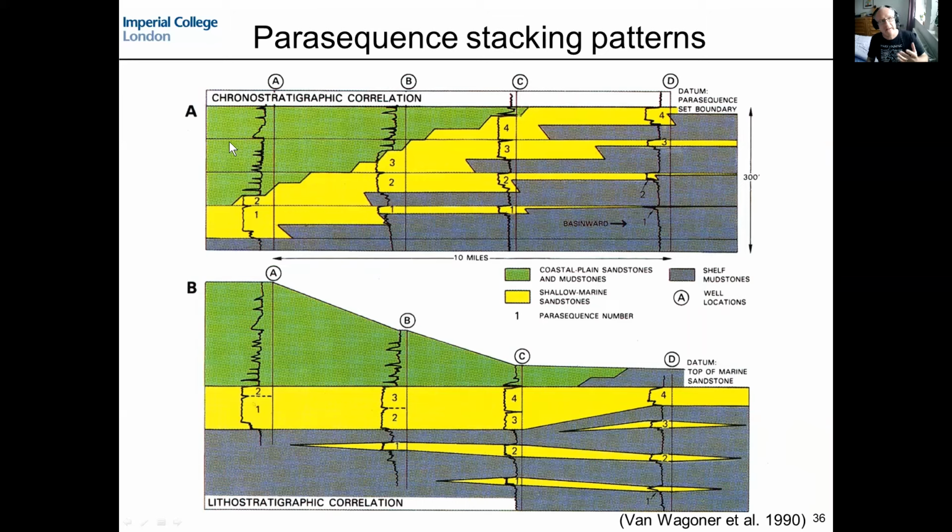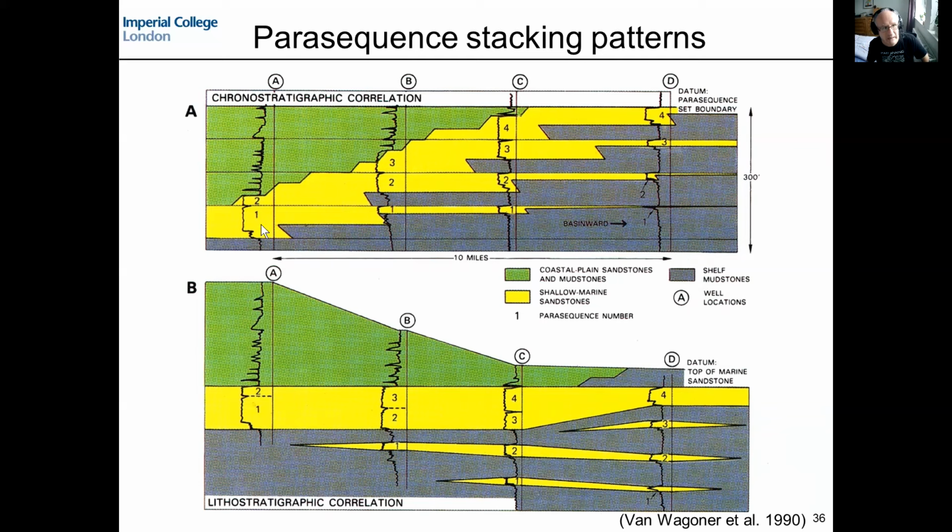So this would be a correlation between these different wells that honors sequence stratigraphy. The different correlation lines in here are essentially timelines, and as we go from left to right, we go from coastal plain to shallow marine to deeper marine.